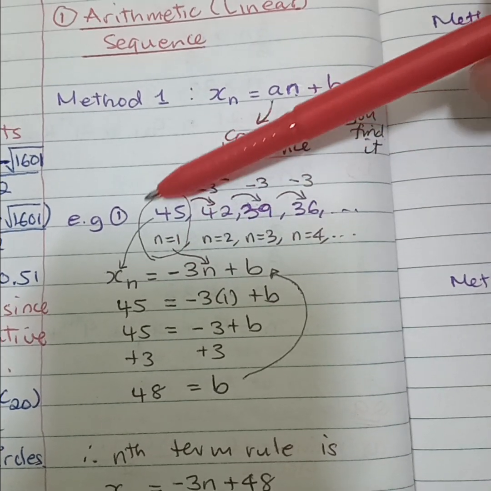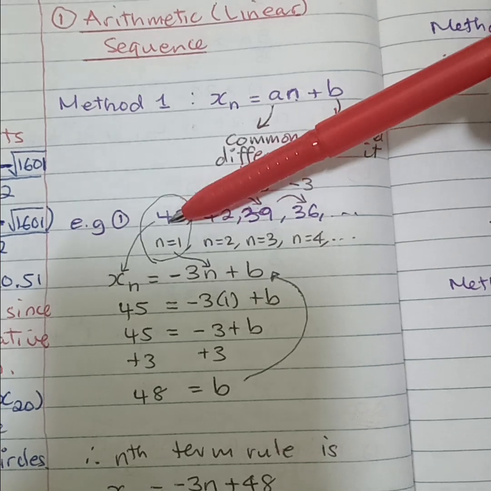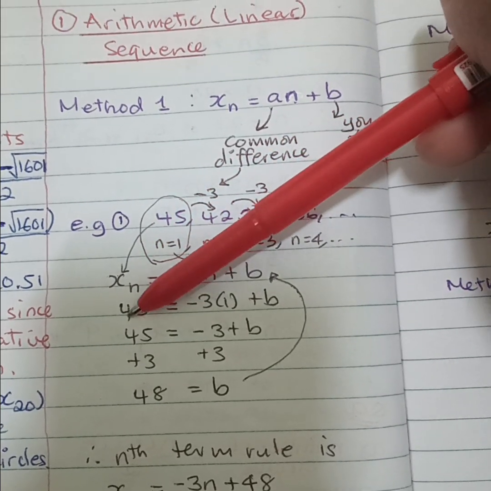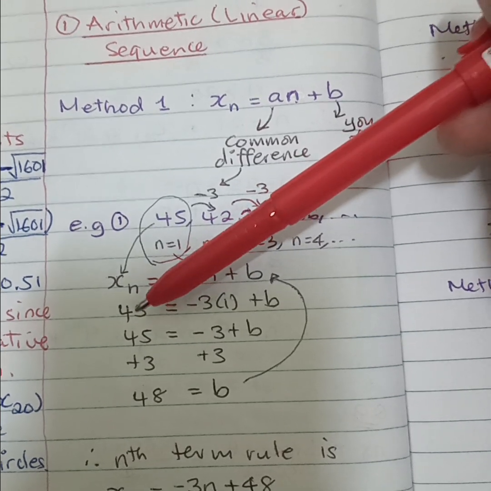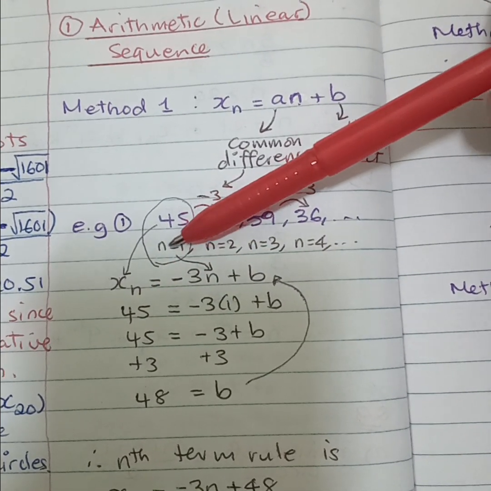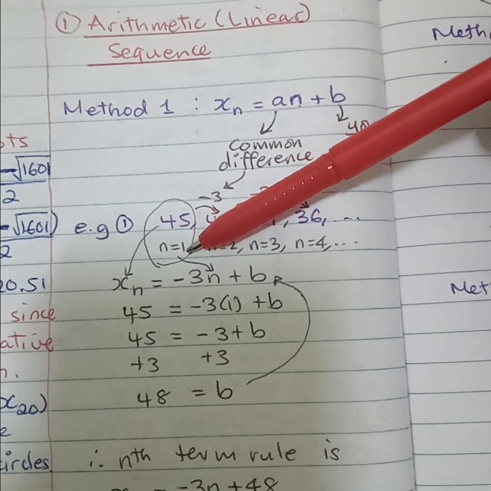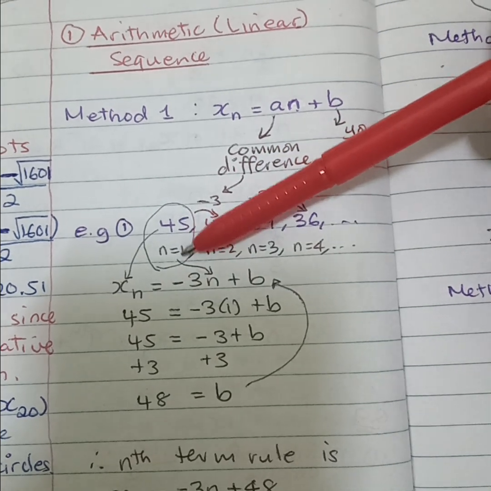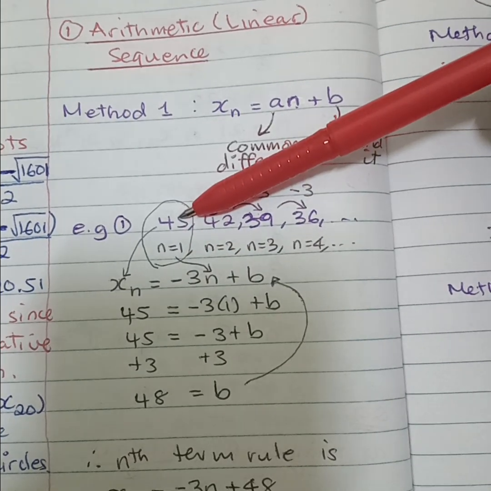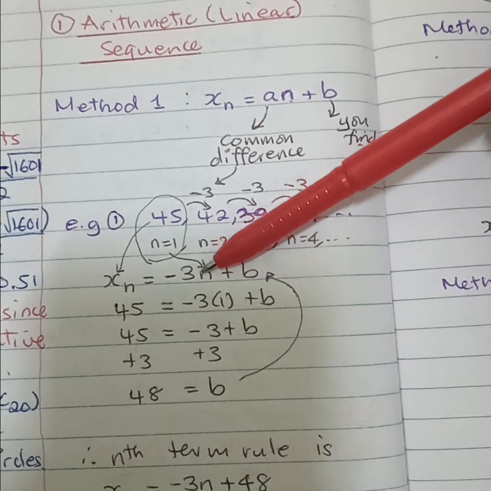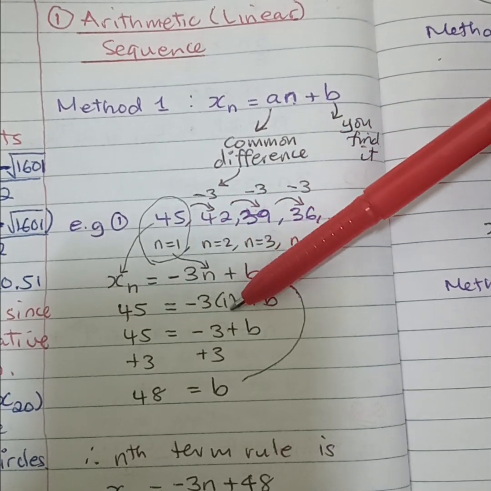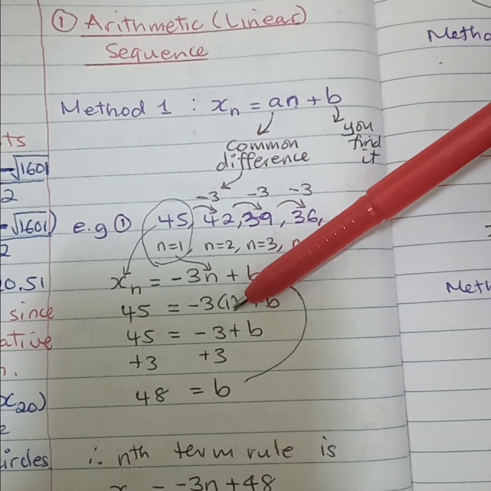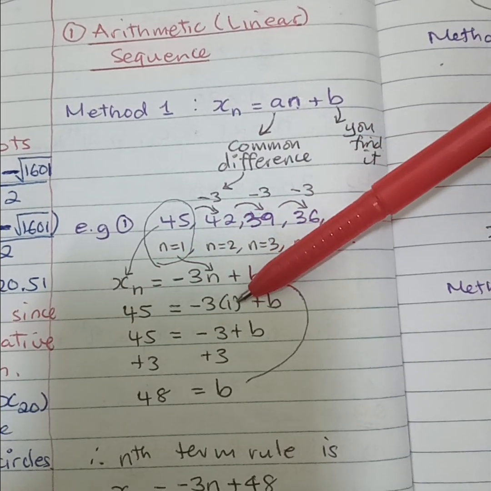For this case we pick the first term, which has a value of 45, where we plug into the xn place, and n equals 1 is the position of that term. It's the first term, and it's number 1 in the sequence. So we plug 1 in for n.